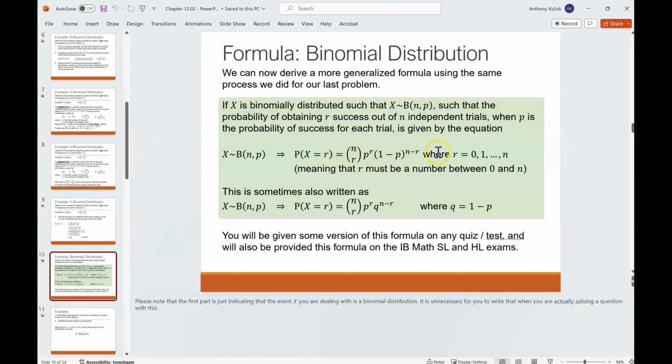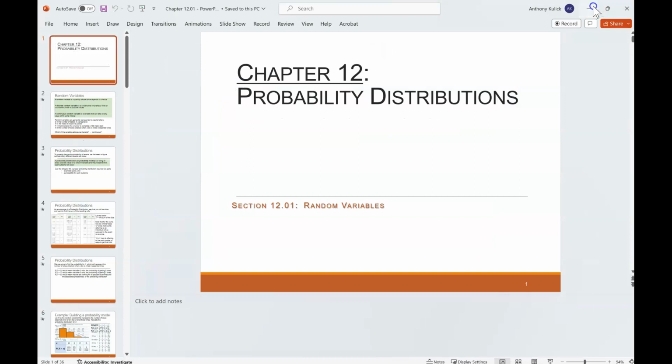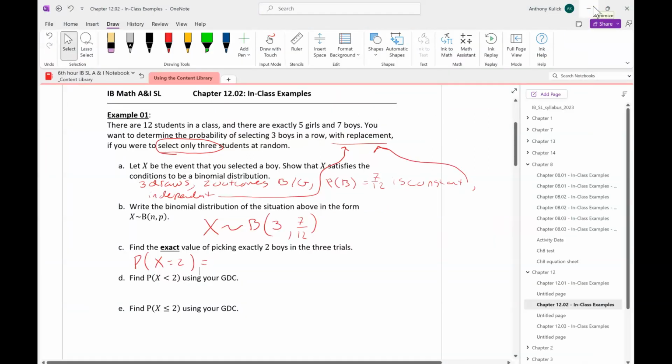Okay, so this is our formula. It's going to be n choose r times p to the r times 1 minus p to the n minus r. So n in this case is 3.